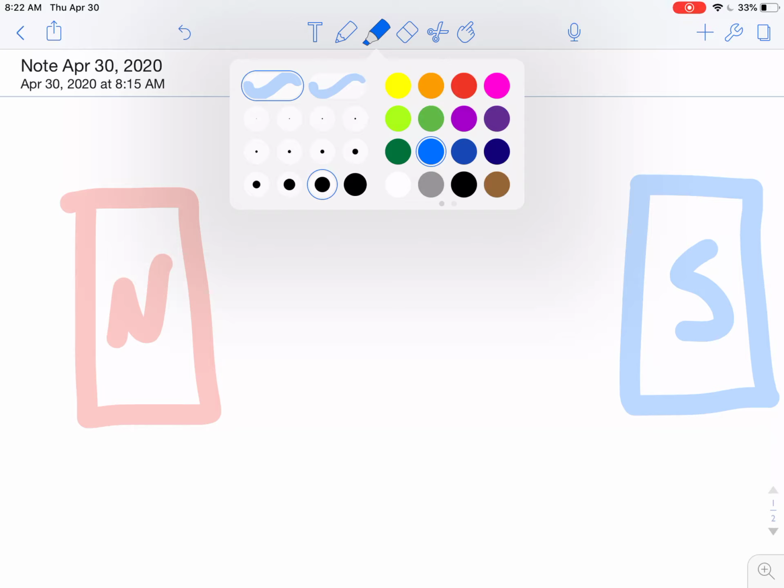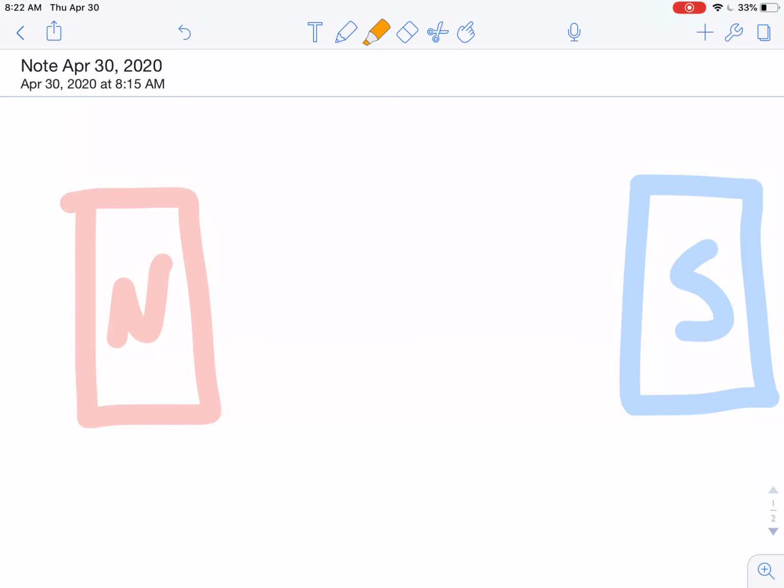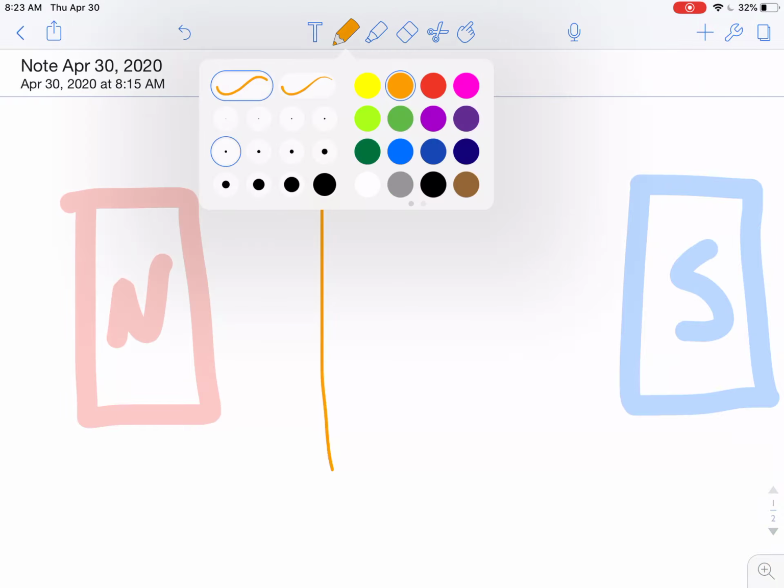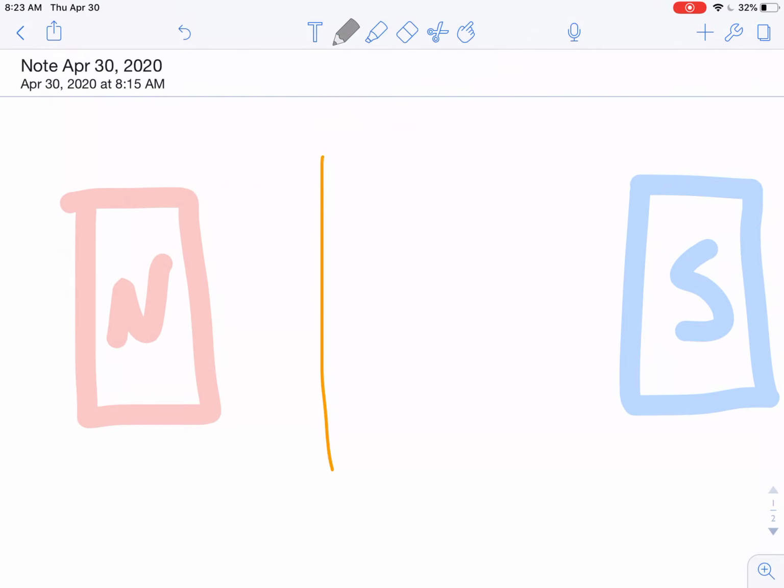Okay, we've learned about an electrical current going around a wire. Okay, so let's say we have a wire here. So we have a copper wire here. Okay. The magnetic field is going to be circular around this.